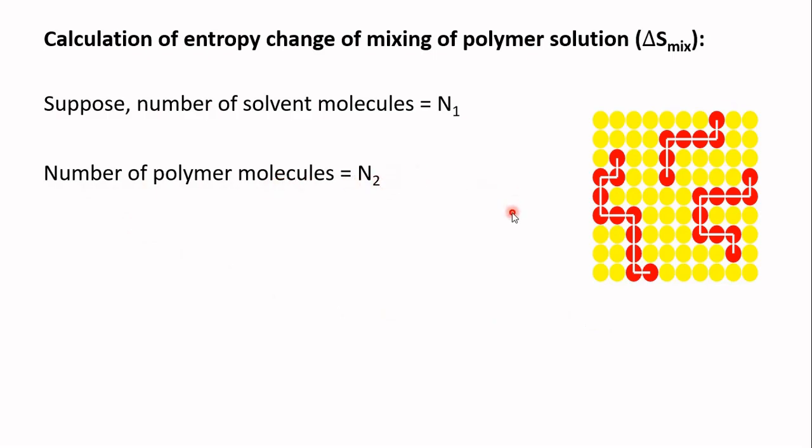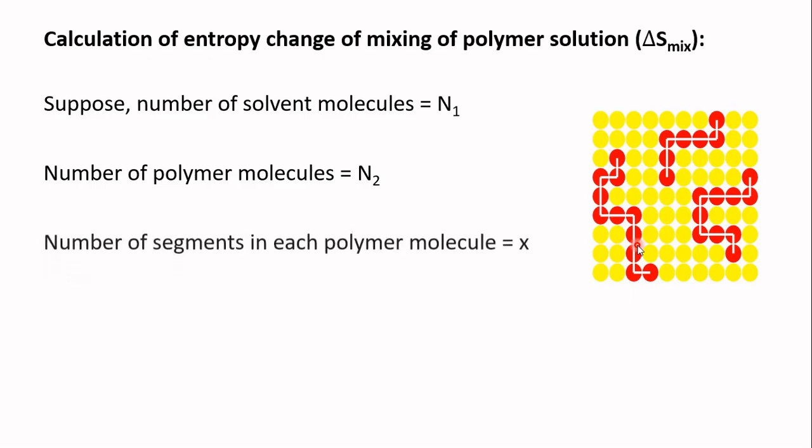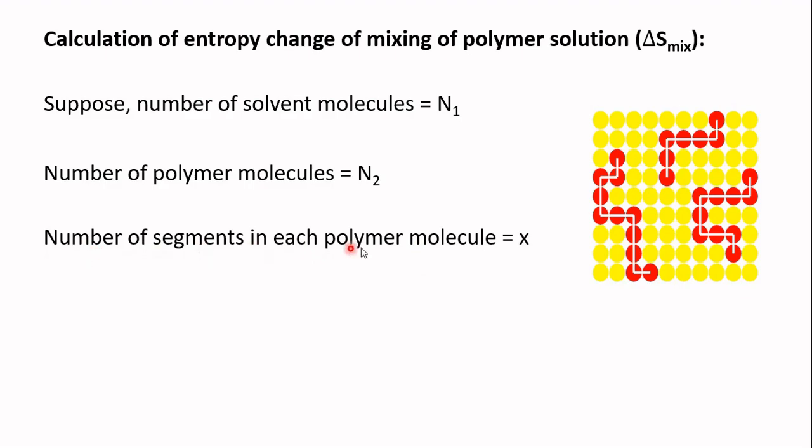If you consider this crystal lattice, you may find this is one polymeric chain, this is another polymeric chain, and this is one more polymeric chain. Like this, there are N2 number of polymer molecules in the crystal lattice.